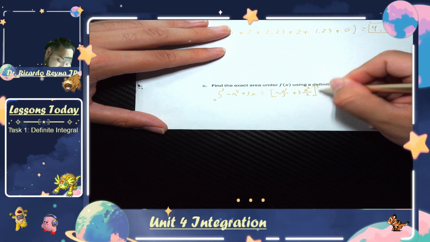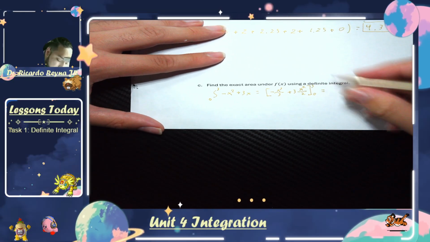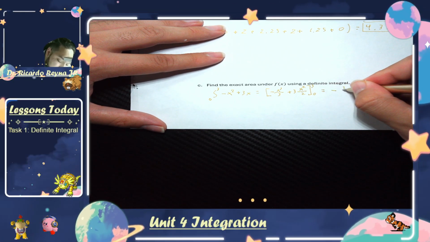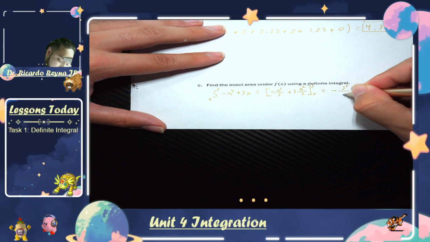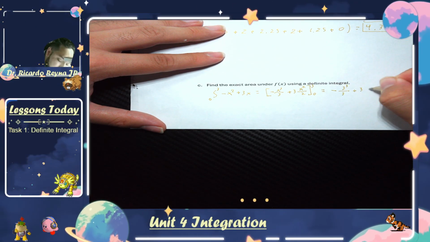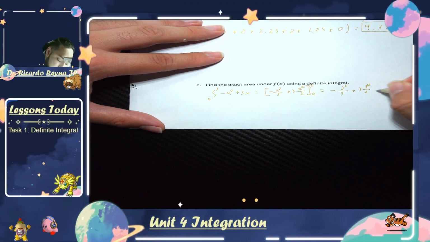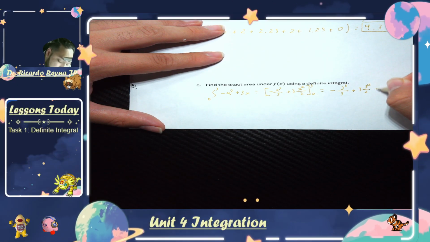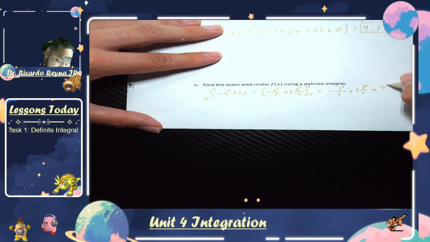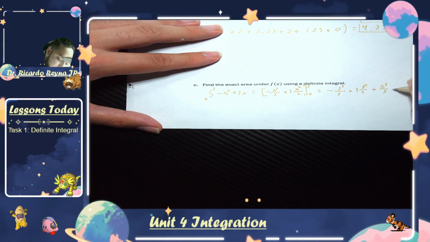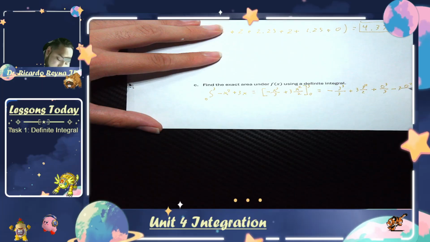And this is from 0 to 3. So you have negative 3 cubed over 3 plus 3 times 3 squared over 2, and then minus, the 0 to the power of 3 over 3 minus 3 times 0 squared over 2.